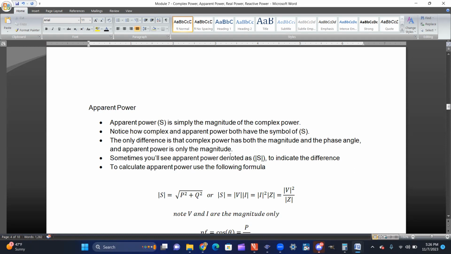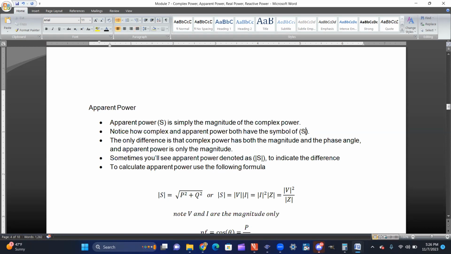Sometimes you'll see apparent power denoted as S with vertical bars to indicate the difference, and that's what I plan on doing throughout this module, indicating apparent power as S with the vertical bars. In your textbook, and this is one thing I don't like about the textbook, it doesn't give a clear indication of apparent power versus complex power.